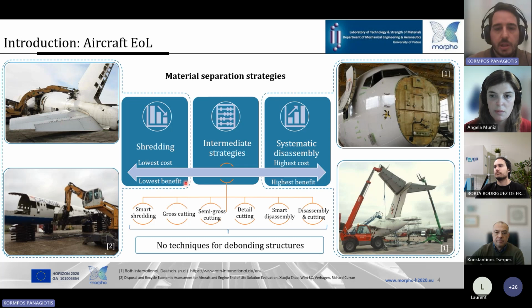And typically, depending on the composition of an aircraft section, intermediate techniques are used, as can be seen here, although these strategies fall short when it comes to disassembling bonded structures. And this poses a significant challenge, particularly when different high-valued materials are joined together.